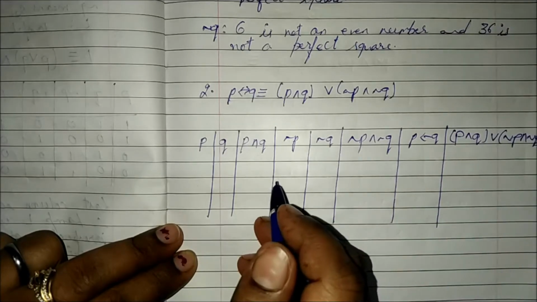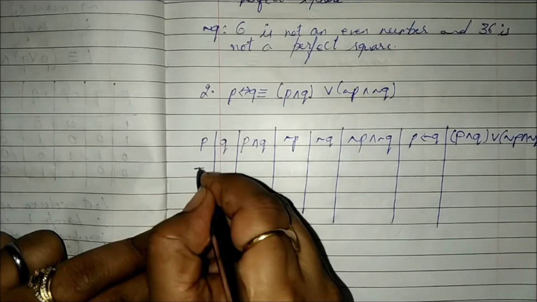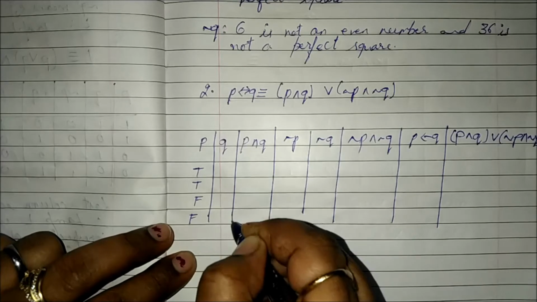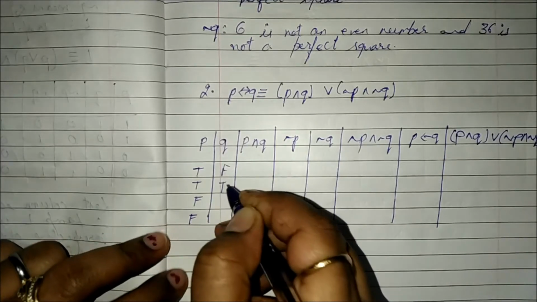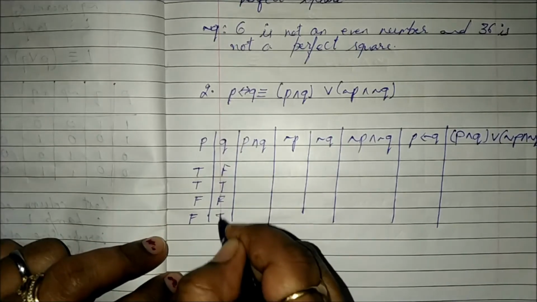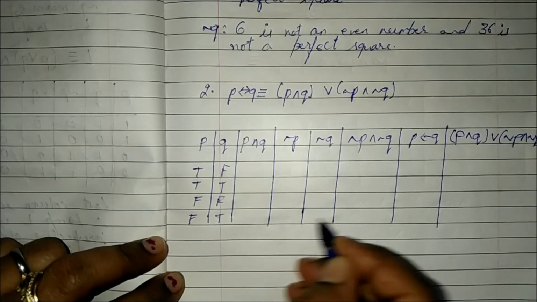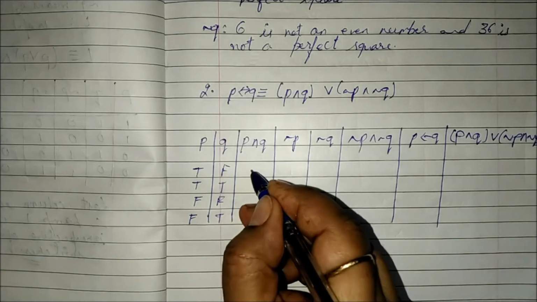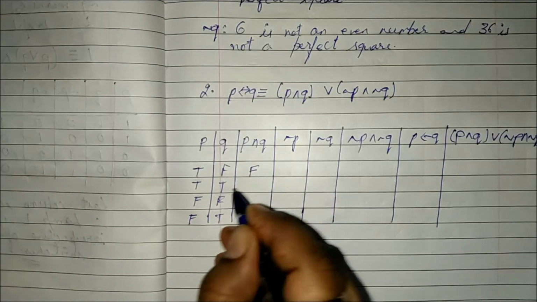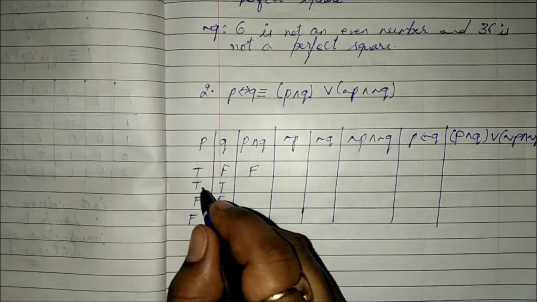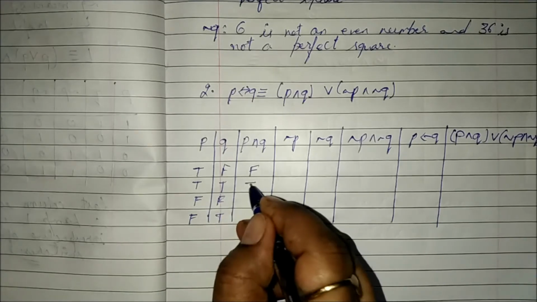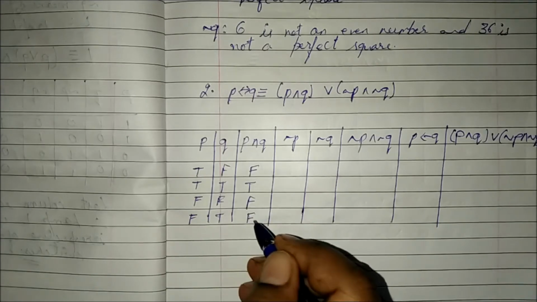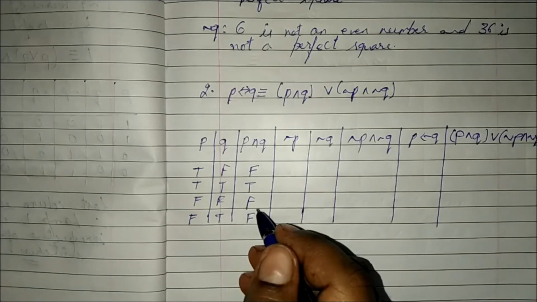Okay, now write the values. T, T, F, F, F, T, F, T. See, P and Q: T and T is T, T and F is F, F and T is F, F and F is F. Okay.